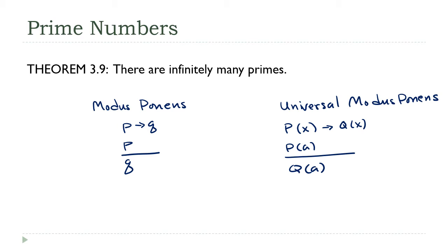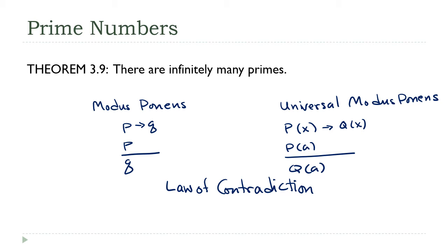There are others, and the one we're going to use to do this proof is what's called the law of contradiction. You downloaded the rules of inference sheet from the website. This one is on there. Again, it's based on the idea that a true statement cannot lead to a false conclusion.